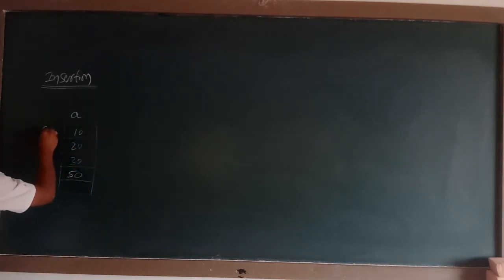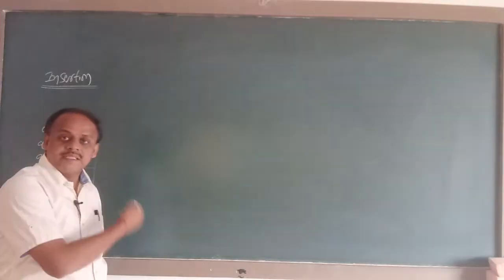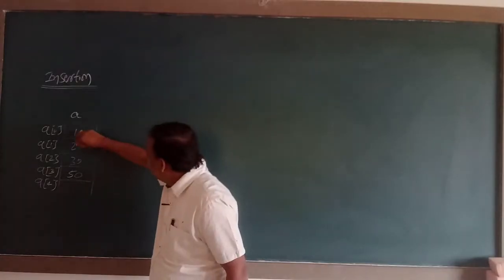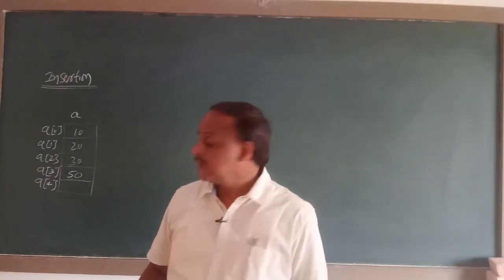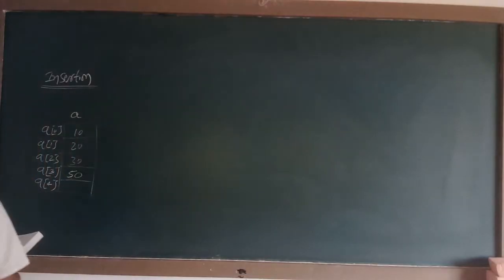The first element is stored in A of 0, the second element in A of 1, the third element in A of 2, the fourth element in A of 3, and the fifth element in A of 4, right? So consider an array A with the following elements: 10, 20, 30, 50. Now this is called the array before insertion.